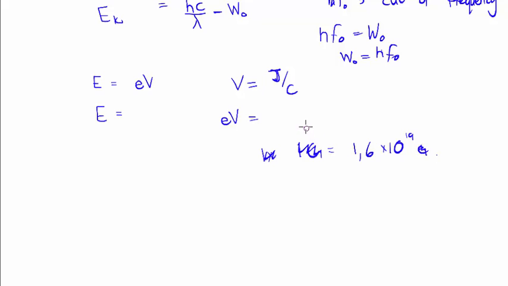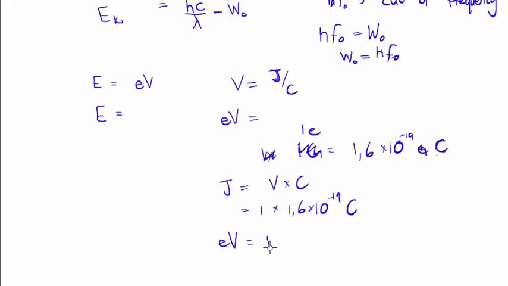One electron is that many coulombs. So an electron volt would be taking the joule. If I want to solve joules as energy, I will take voltage times coulomb, which for one electron would be 1 volt times 1.6 times 10 to the power of negative 19 coulombs. So an electron volt is 1.6 times 10 to the power of negative 19 joules.